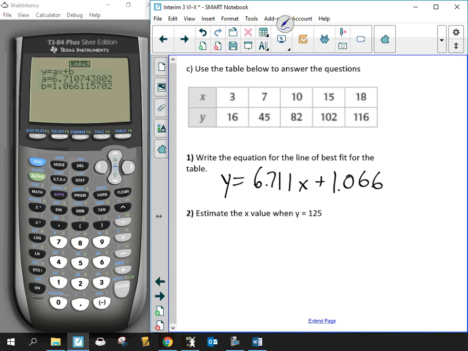And so then estimate the x value when y equals 125. So I'll get 125 equals 6.711x plus 1.066. Subtract 1.066 from both sides. I'm going to need the calculator for that.